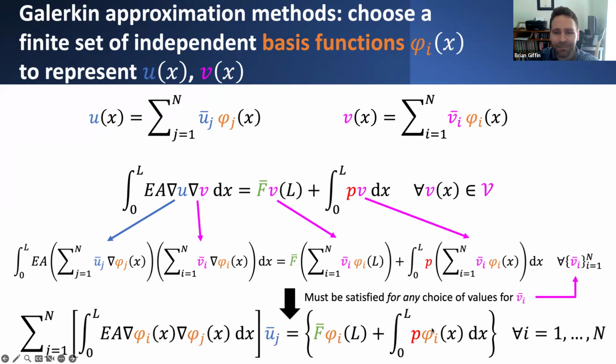and v, make some manipulations, rearrange some of these equations, and argue that for any arbitrary choice of these virtual displacement coefficients, the v bar sub i's, what we would get is a set of equilibrium equations, n in total, corresponding to each of these n different virtual displacement coefficients, whose arbitrary variation leads to the requirement that these residual force equations, or equilibrium equations, had to be satisfied for all possible values of i ranging from 1 to n.